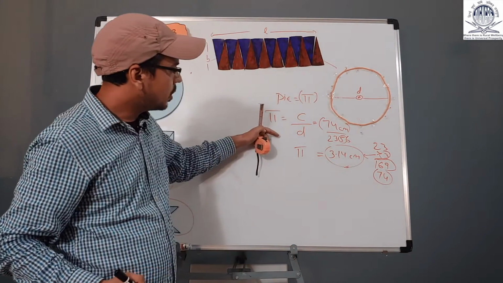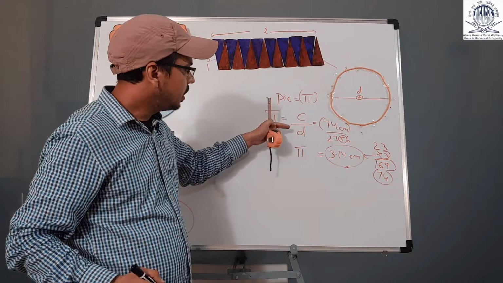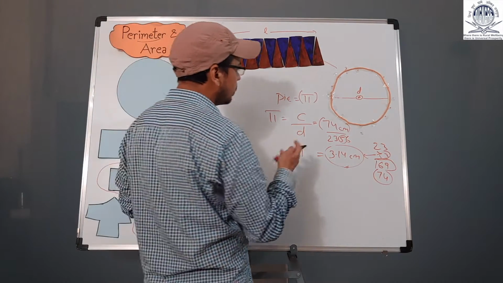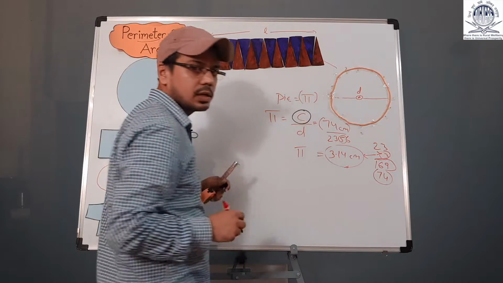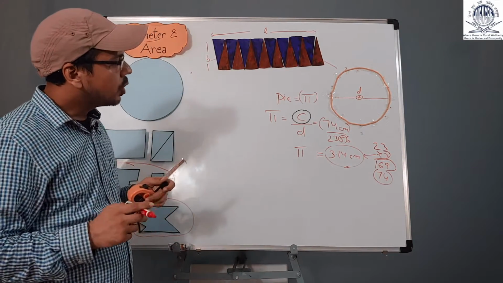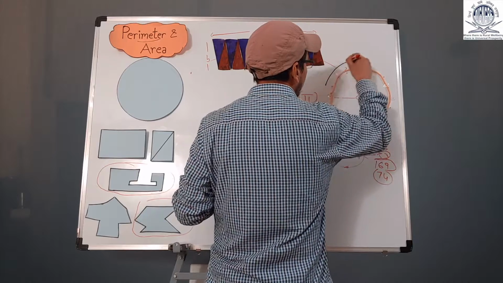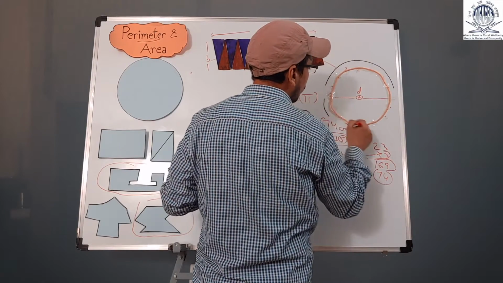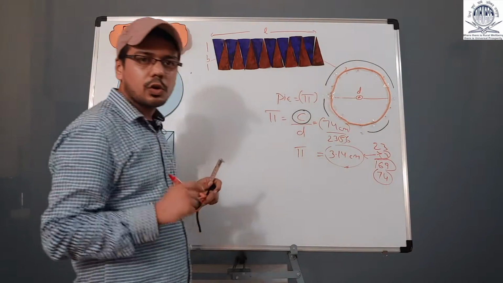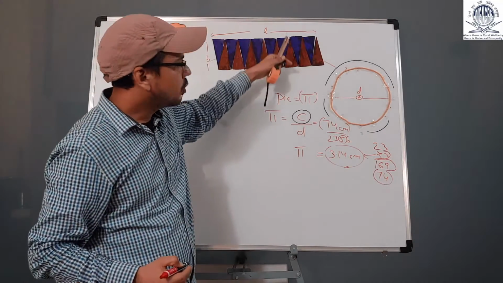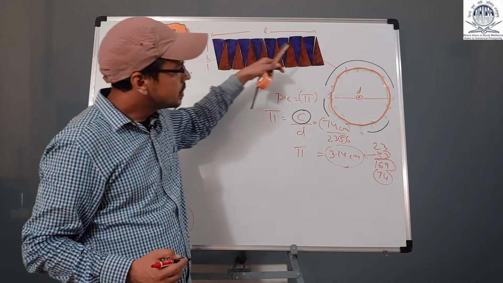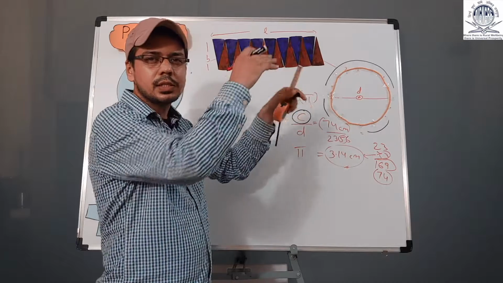Now using this formula, pi is equal to c by d, can we also find the circumference of the circle? If you're wondering what circumference is, circumference is nothing but the outside boundary, which we used to call perimeter in terms of parallelograms, rectangles and squares. In a circle, instead of perimeter, we just say circumference.